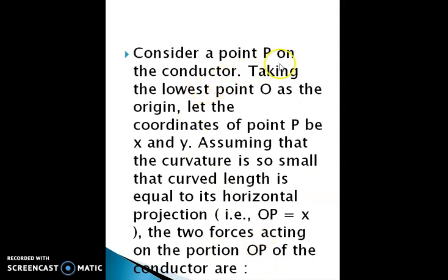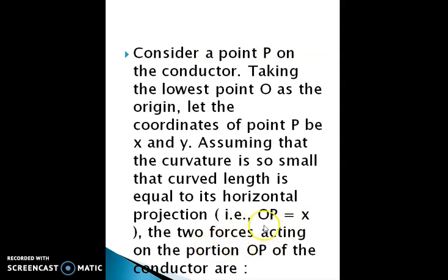Consider a point P on the conductor, taking the lowest point O as the origin. Let the coordinates of point P be x and y. Assuming that the curvature is so small that the curve length is equal to its horizontal projection, that is OP is equal to x.